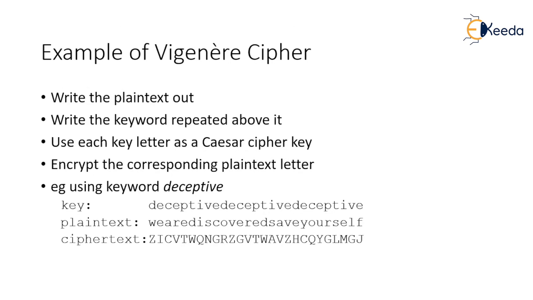For D as row and W as column, the intersecting point was Z. For the second alphabet of the key and the plain text the intersecting point was I, and in the same manner you have to repeat the steps for all the letters in your plain text and the keyword, and in such a manner you can get your ciphertext.